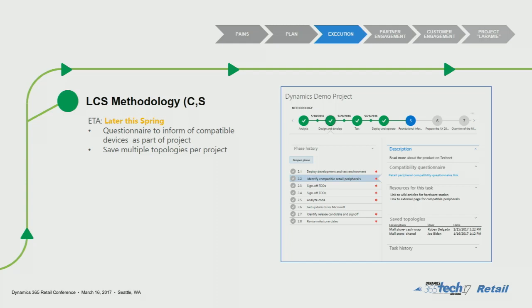Basically, you give really specific details about what you envision for your point of sale. And then we'll surface a list that says, here are all the devices that will work for that. So hopefully that demystifies a lot of what's going on, because now you know what's been tested, and for your specific environment, what you can use. And you get multiple topologies per project. So if you have fixed point of sale and mobile point of sale, you'll be able to model both of those out in LCS and have some good guidance there.